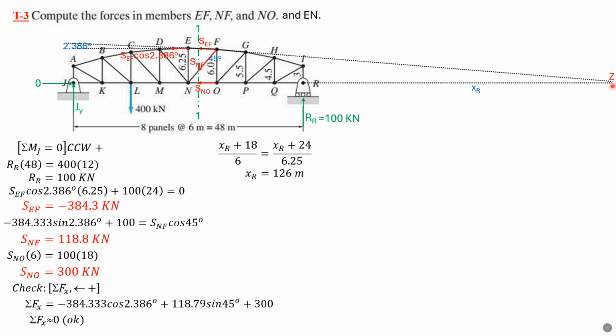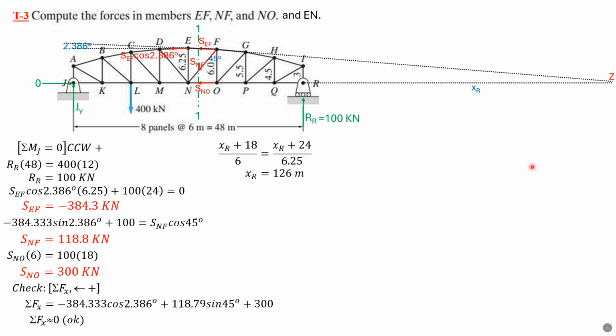Then we sum up moments about Z, and I use the principle of transmissibility so that there will be only one component of SNF that has moment about Z. The horizontal component passes through Z. The vertical component is SNF cosine 45, and the distance is 24 plus XR.